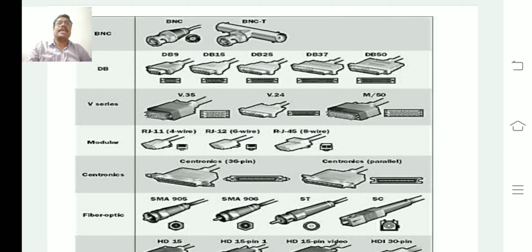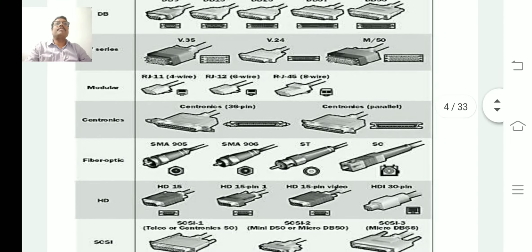This RJ45, as I said, we use to connect the Ethernet. Then we have Centronics, for printers. If you look at the end of your printer cable at the system, it appears to be the Centronics type.